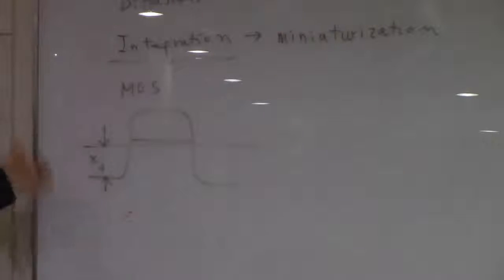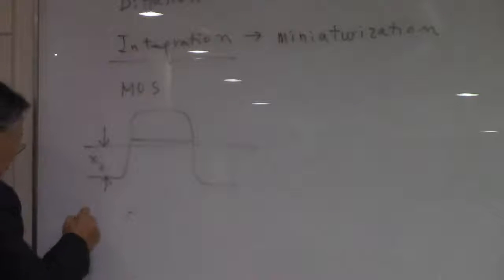And for the MOS, it is going to look like this. And this is the junction depth. And the junctions are to be made by the diffusion of the doping species in the silicon.